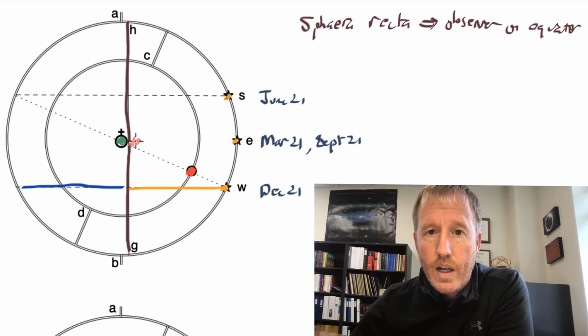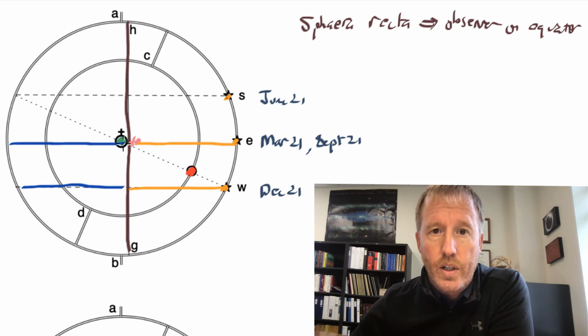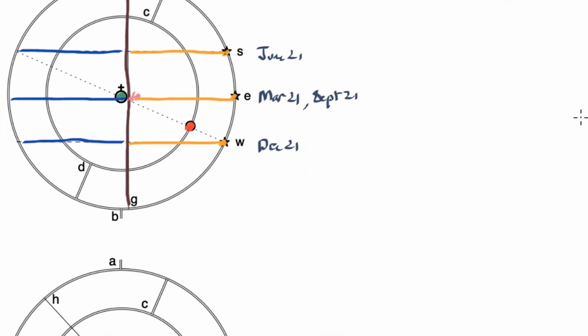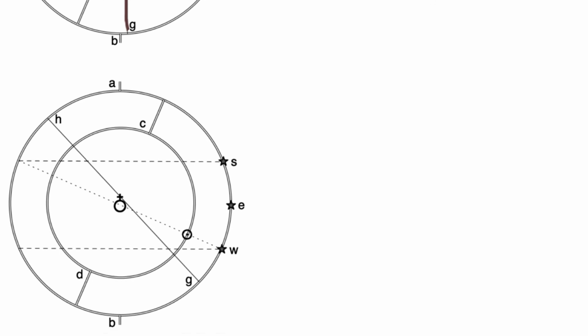And likewise on the equinoxes, the sun will be above the horizon for that much time and below the horizon over here. And likewise on the summer solstice, above the horizon right there and below the horizon right here. So notice that there is equal length day and night for someone standing on the equator if the Earth is located at the center of the celestial sphere.